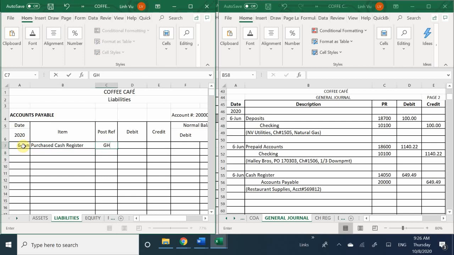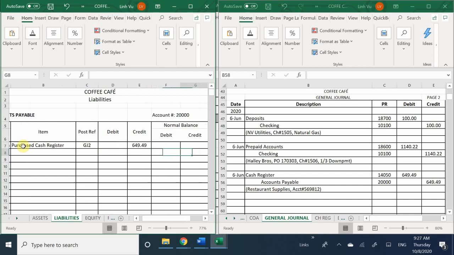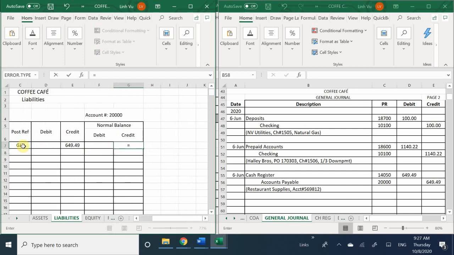Post reference general journal number 2. And because I owe them, right, I have to be very careful. How I posted it in my journal is how you're going to post it into your ledger. So in this case, I owe $649.49, giving me a credit balance of $649.49. Okay.